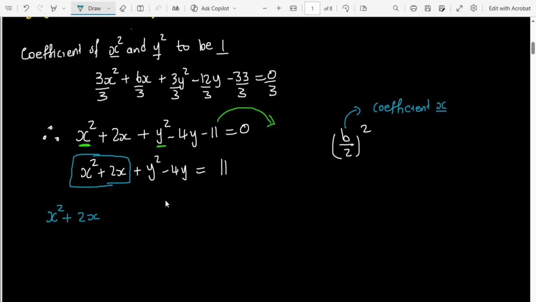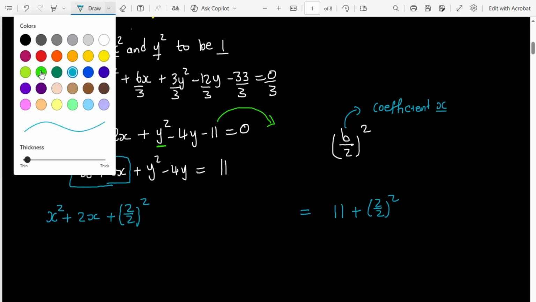So we add 2 over 2, everything squared. I'm just going to leave the space and equate this to 11. But remember, what you do on the left-hand side, you also do on the right-hand side. So we also have to add the 2 over 2 squared on both sides. I hope you understand that part.